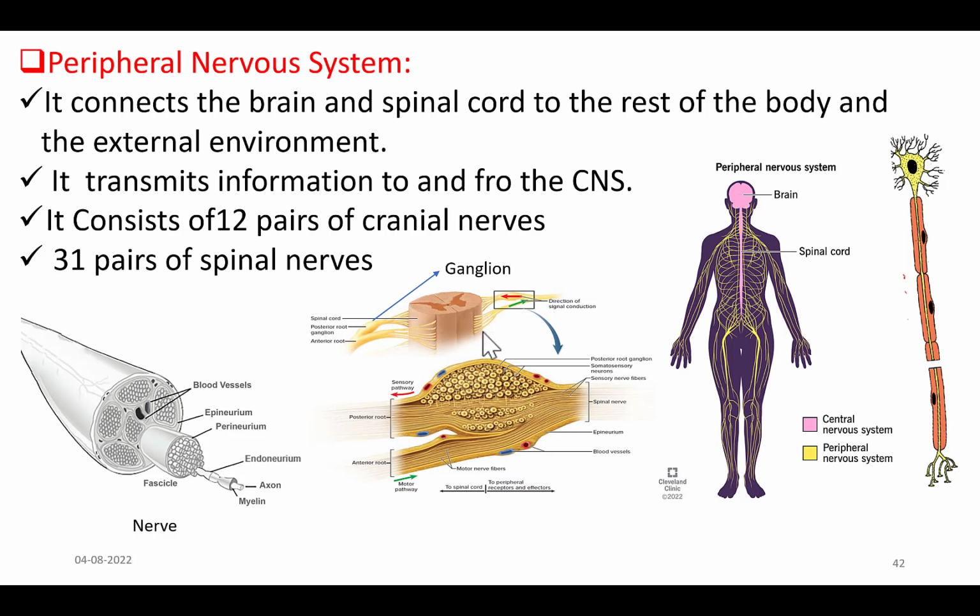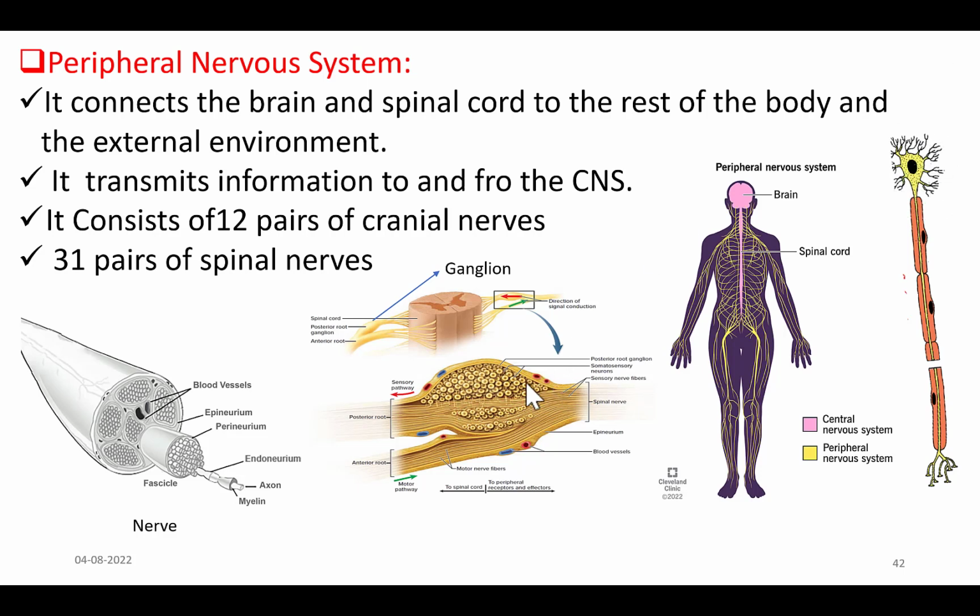Now what is ganglion? Look here, this is spinal cord and these are the nerves coming out. I told nerves have bumps here and there. So this is a bump over here and this bump is ganglion. If you take the cross section of ganglion and see inside, we find cell bodies, the cytons. So cytons are these structures.